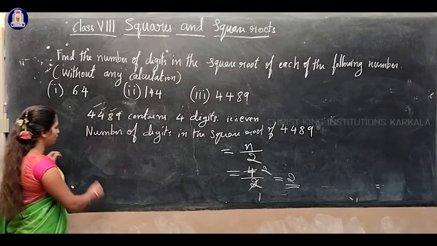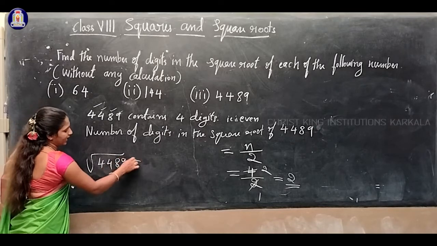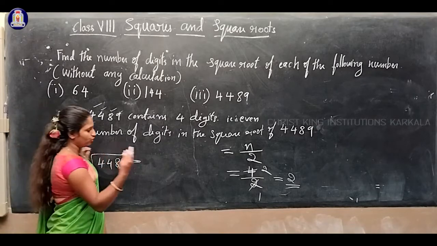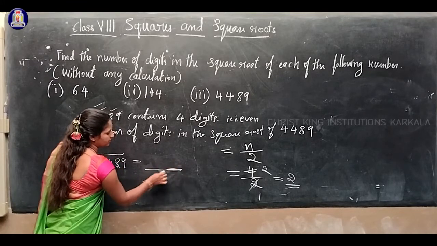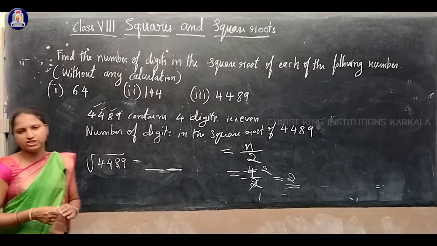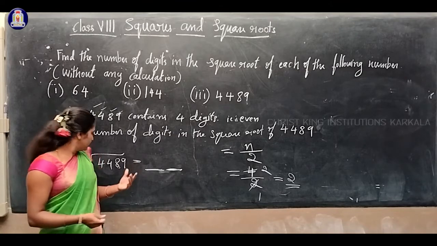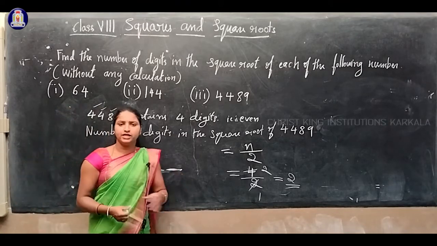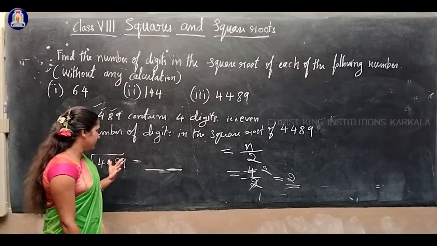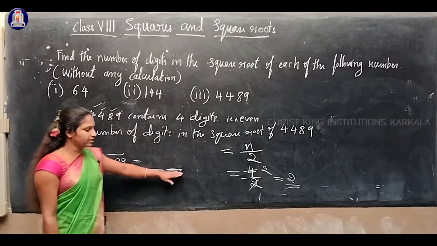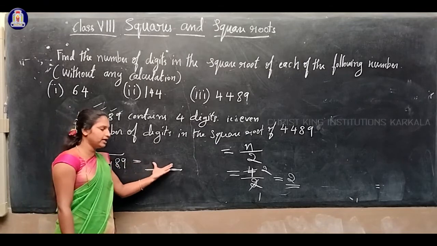So the square root of 4489 contains 2 digits. You can find the actual answer by the division method. Clear? We don't know the square root of 4489 yet, but by the division method we can find it. But it contains only 2 digits.